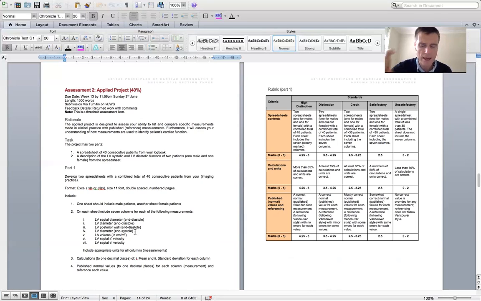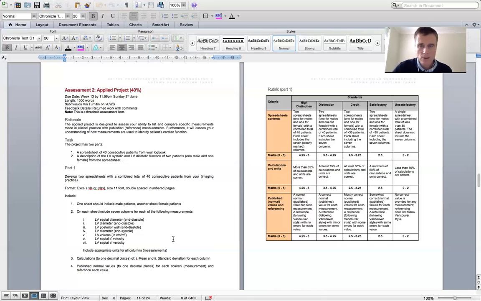So obviously they are measurements that are made from the parasternal long axis view. They are the linear measurements of the left ventricle, and they're the first 4 columns. Another column with left atrial volume measurement, another column with left ventricular septal S prime velocity, and the 7th column with left ventricular septal E prime velocity.